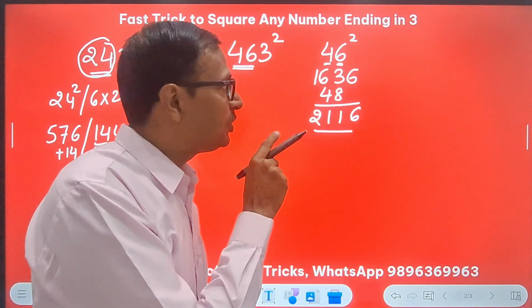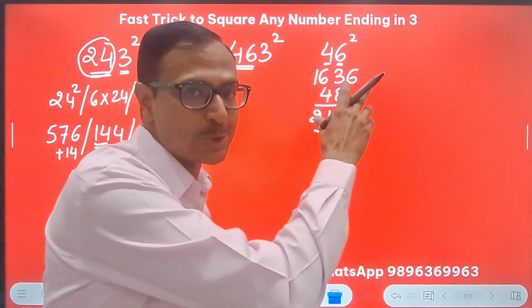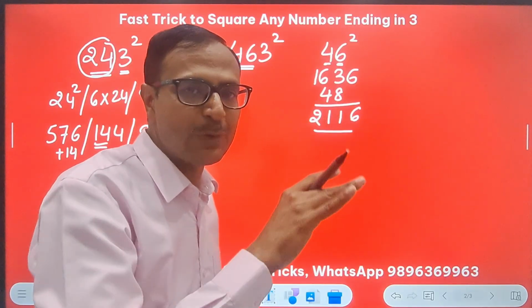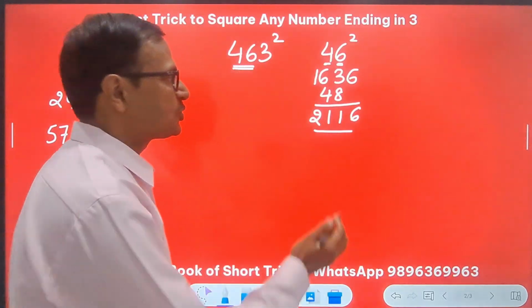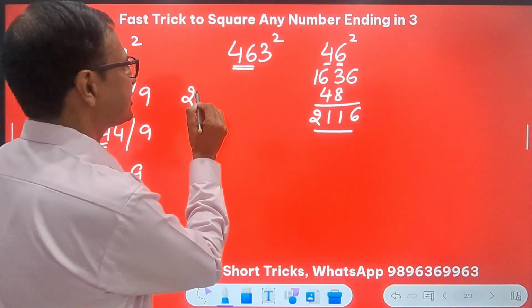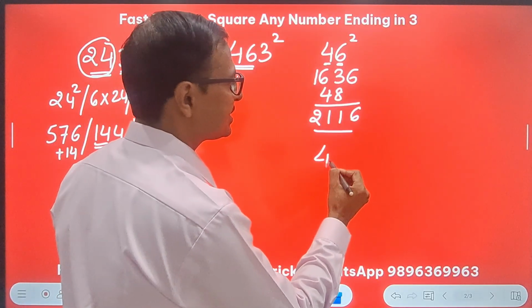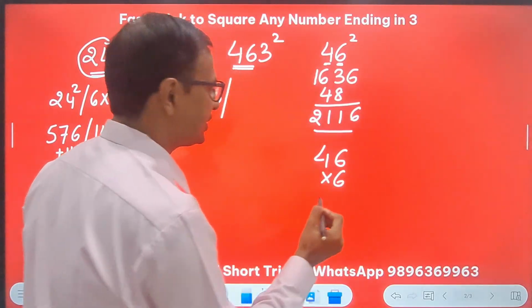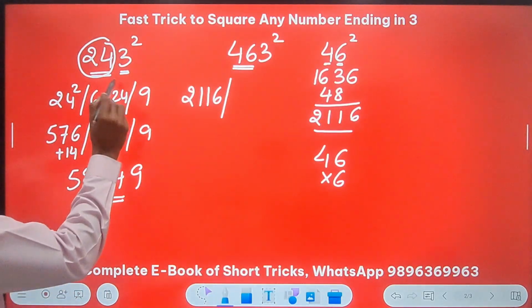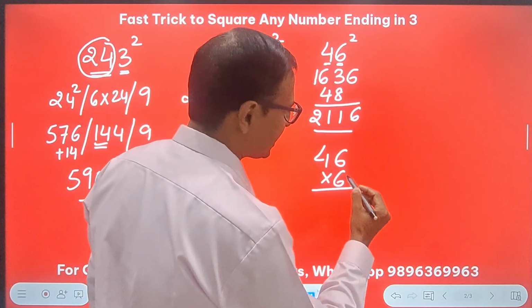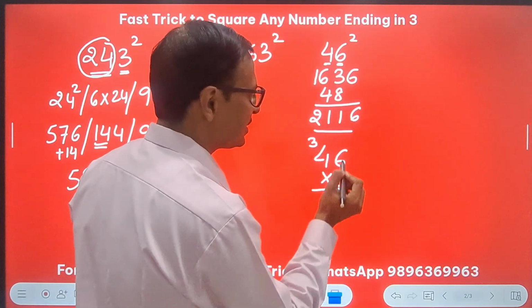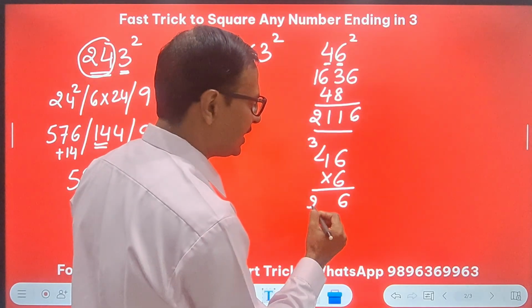I again used the identity a plus b whole square here. If you have seen my previous videos, you will understand this. So 2116 is the first number I wanted, and after that I want 46 times 6 because it is 6a, which I have to do here, right? So 6 times this. So 6 times 6 is 36. 6 times 4 is 24 plus 3 is 27.